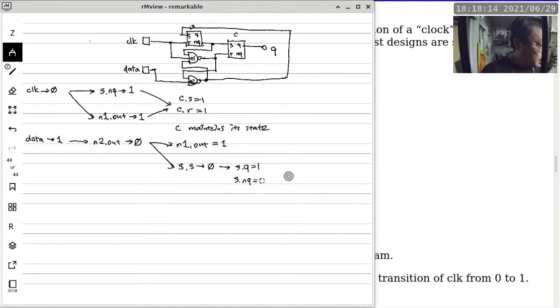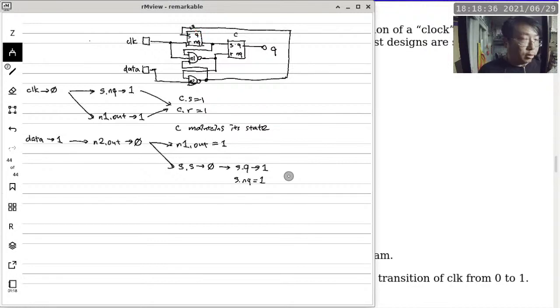Oops, I said it wrong. It is maintaining to be a 1. The Q pin is becoming a 1, but it's not really important because the Q pin of this particular Ssr latch is not connected to anything. Nobody cares about the output Q of Ssr Latch S.